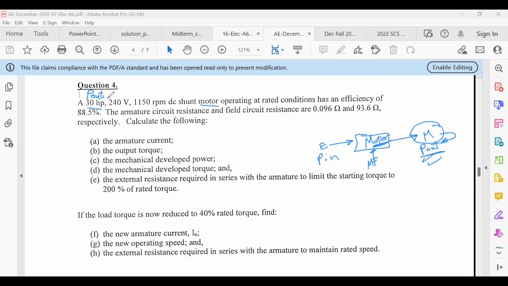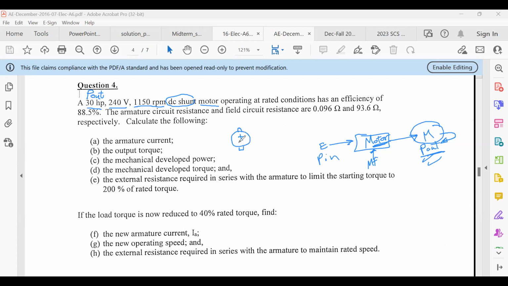So the motor is always defined by the output power and the rated speed. What is the speed? Here it's in RPM. That's okay. The voltage of your electric supply is 240 volts.